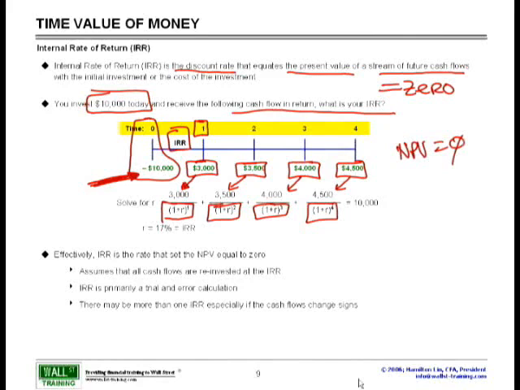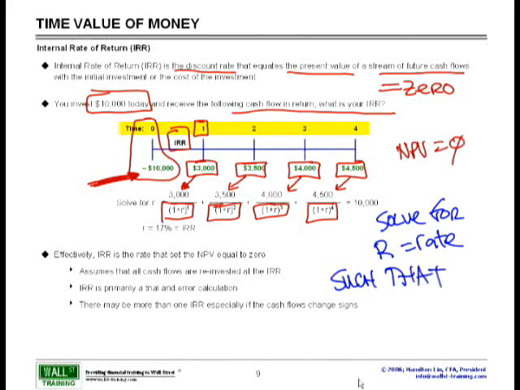You must now solve for R, which is the discount rate, such that the left-hand side, all of these cash flows, are going to equal the right-hand side, the $10,000 investment. Then that will mean exactly what was the return on an annual basis that you received on your $10,000 investment.